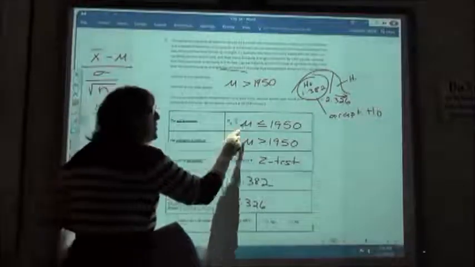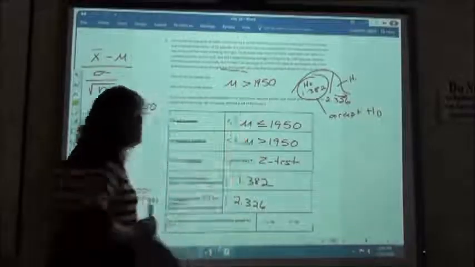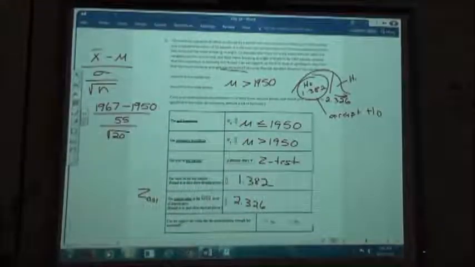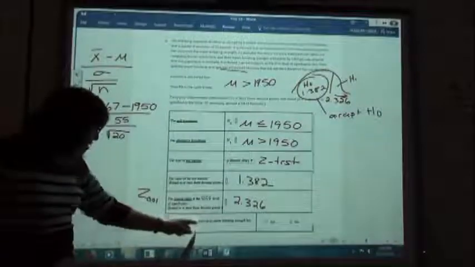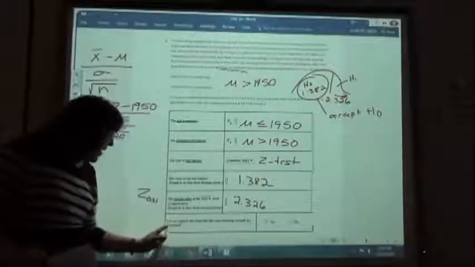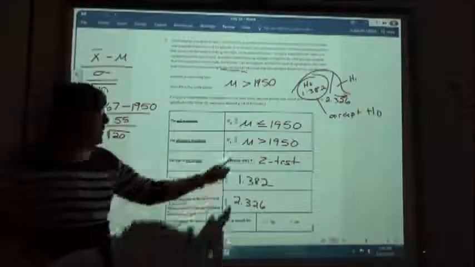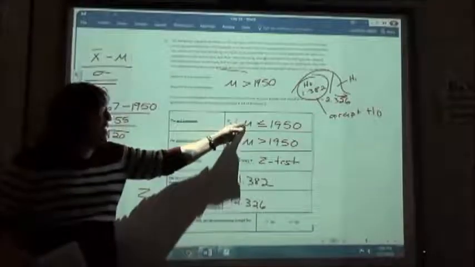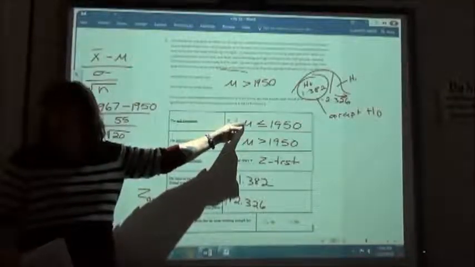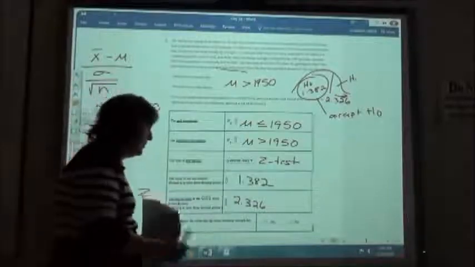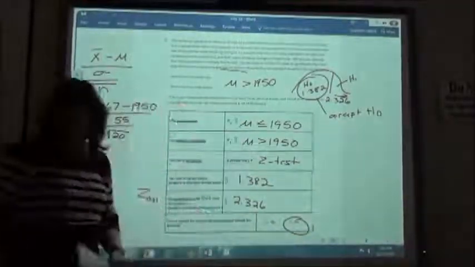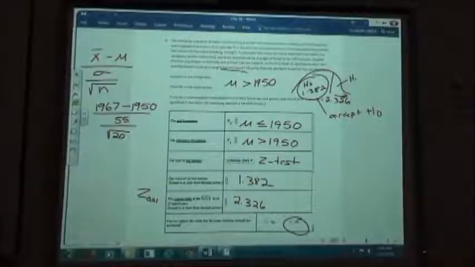So I have to accept that the mean is less than or equal to 1950. The question says, can we support the claim that the mean has increased? No, we can't accept that. We have to accept that it's less than or equal to, so it didn't increase. So I have to say no, I can't accept that statement.